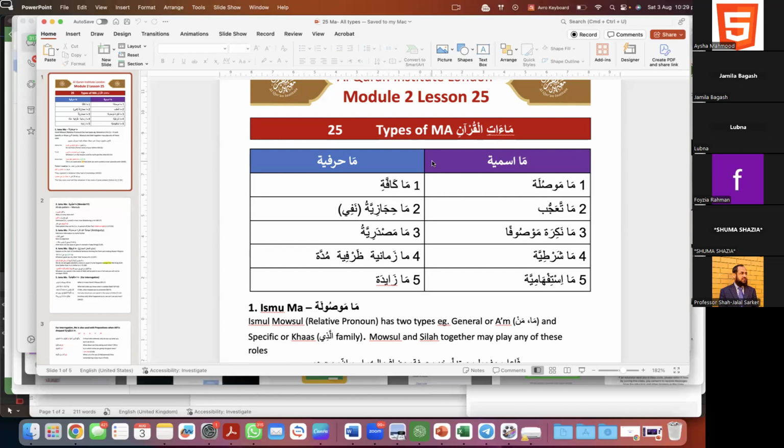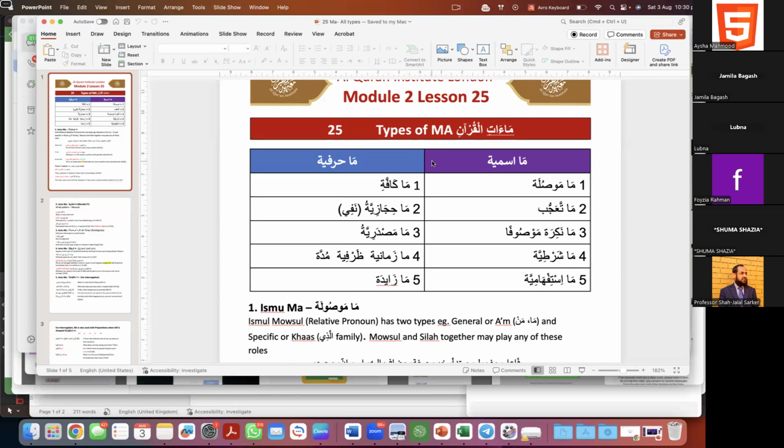So first of all, we will be learning the types of ma. There are two types broadly. Whatever we study, we will try to really understand it and clarify it as we go along, inshallah, because this is a complex subject with a lot of overlapping.